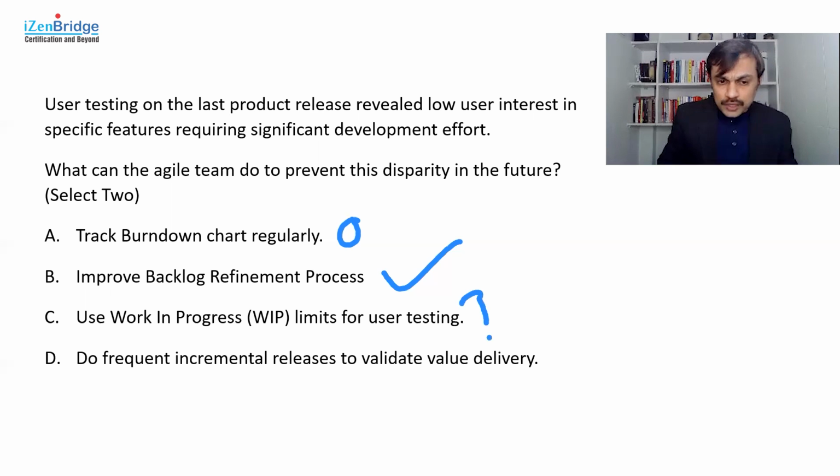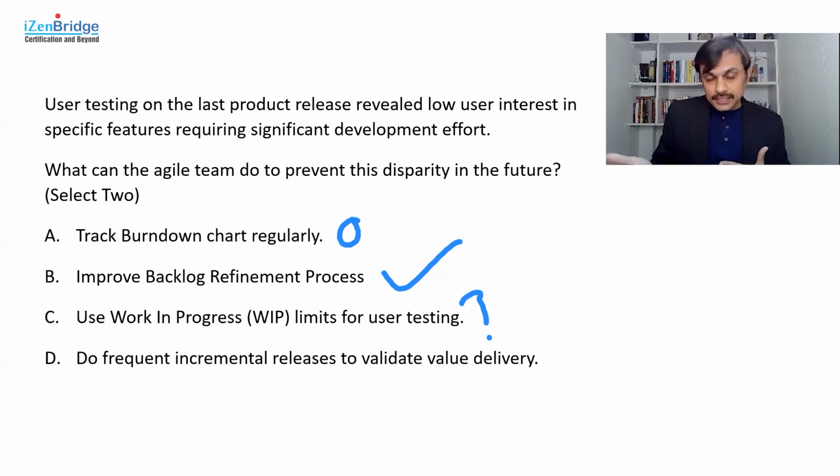Do frequent incremental releases to validate value delivery. That seems to be a better option than C, because the idea here is, even if we involve stakeholders, even if we make the testing process faster, if our releases are happening infrequently, it means we are taking the refinements and doing things, maybe after many iterations, only then going to the customer and learning about what they are liking and not liking.